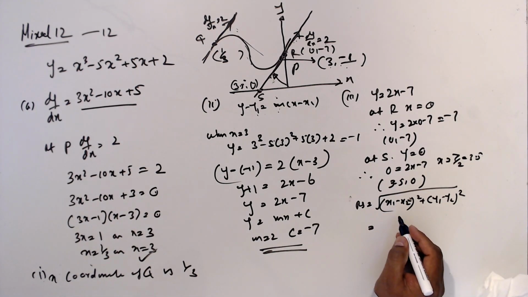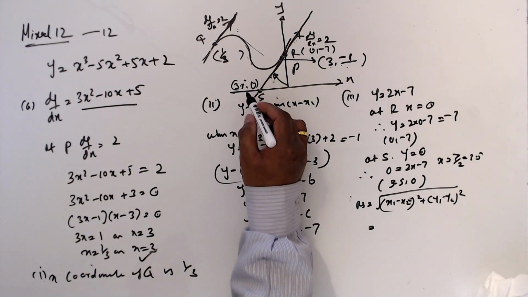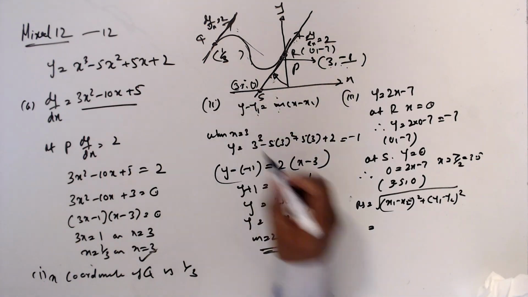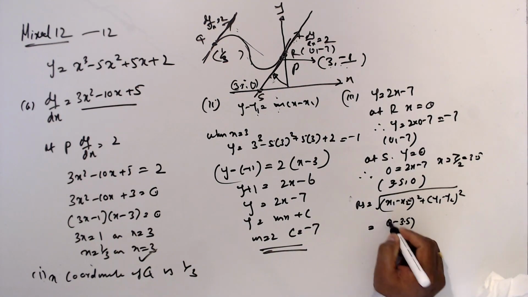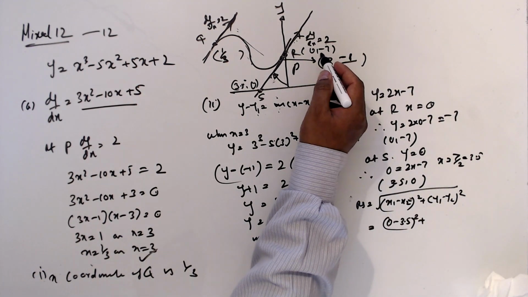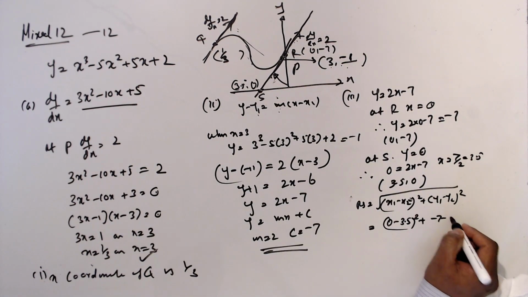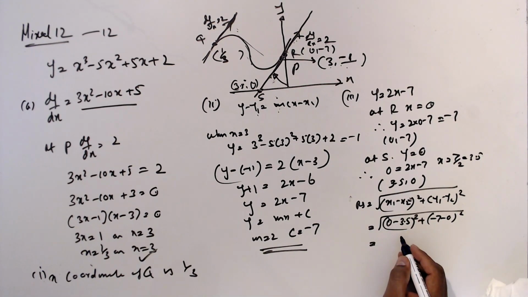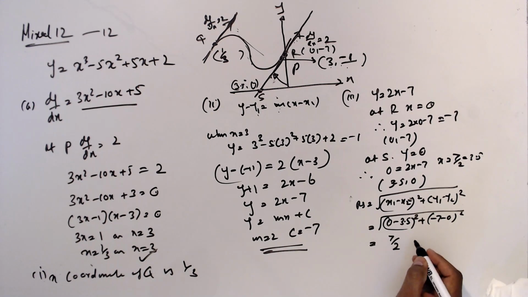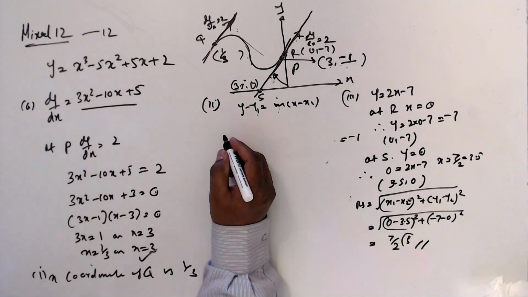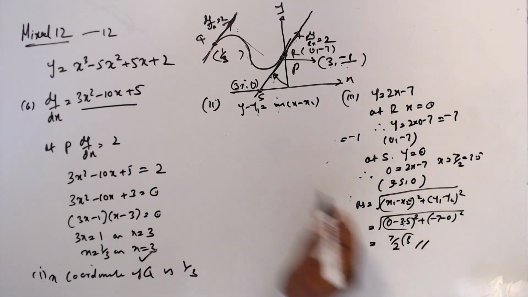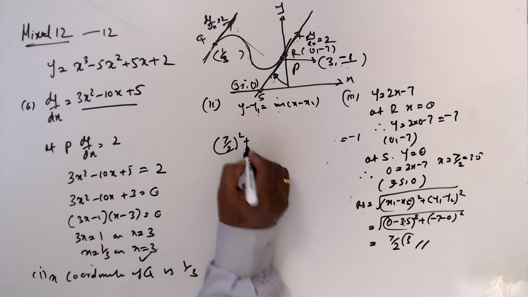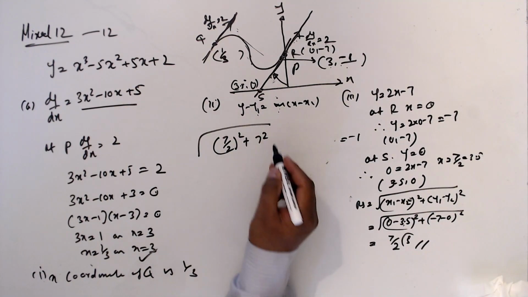So I will start from here: 0 minus 3.5 squared plus minus 7 minus 0 squared, all under the square root. So you will get 7 over 2 times square root 5. This is 3.5, meaning 7 over 2 squared, plus 7 squared, under the square root.